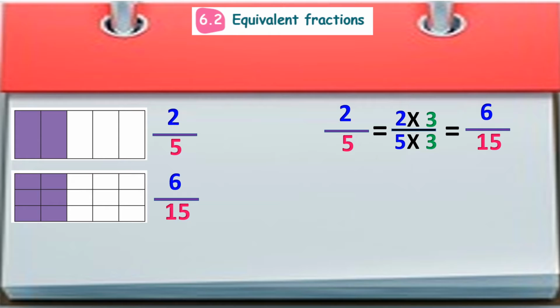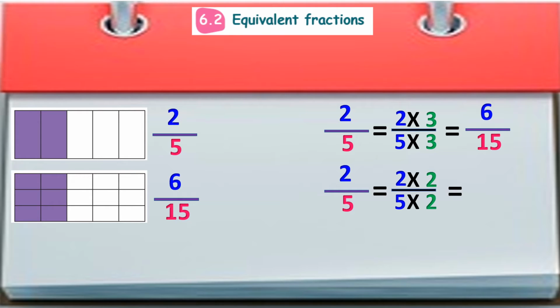So let us write one more. I have taken 2 by 5. Now I am going to multiply with 2 more. So 2 twos are 4 and in the denominator 10. 4 by 10. This will be one more equivalent fraction.